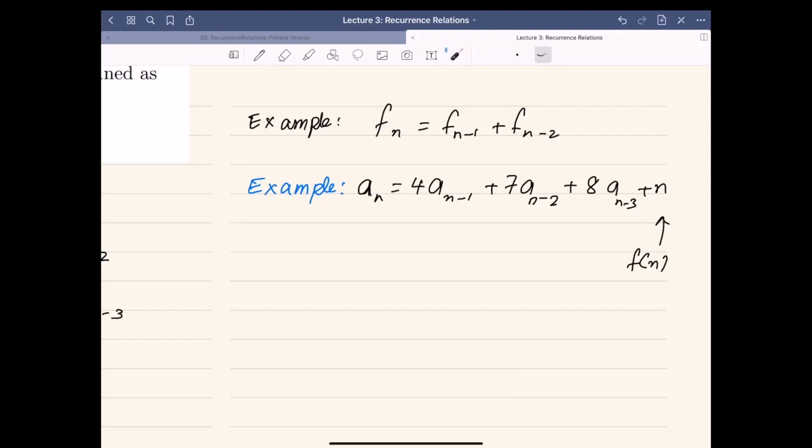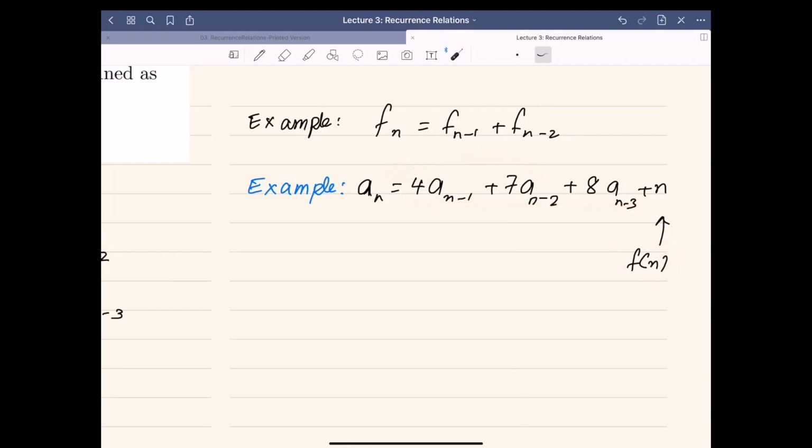Look at the subscripts. Order them from largest to smallest and put them on one side of the equal sign. So we will move all of these three to the left hand side, and we will leave the function on the right hand side.